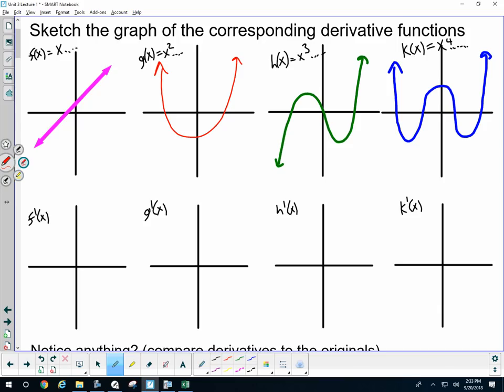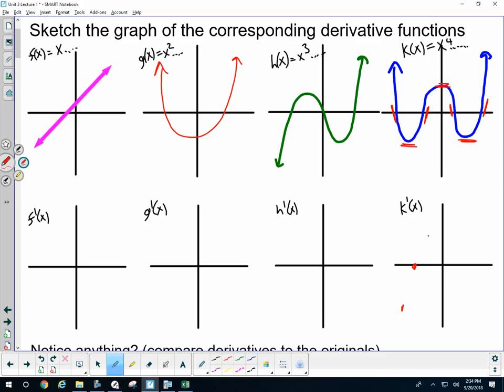Okay, I'll do the last one. I'll find k prime if this is k. So I see I have a 0 here, a 0 here, and a 0 here. I'll have a negative slope, a positive slope, a negative slope, a positive slope. So I got a negative to a 0.